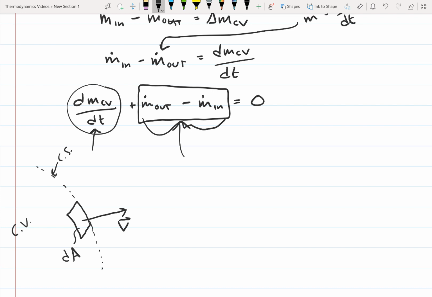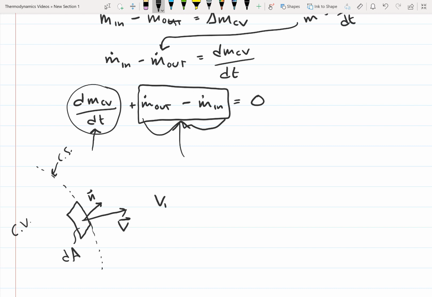The velocity is a vector because it has both magnitude and direction. What we're interested in is the normal component of the velocity. First of all, we need the unit normal vector. The normal component of the velocity is just the dot product of the velocity with the unit normal vector.